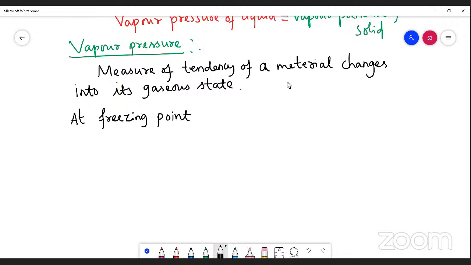If I take a liquid, for example water, it exists in equilibrium, shown by the double-headed arrow, with the solid, for example ice.